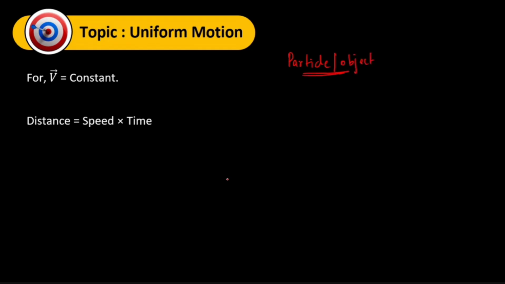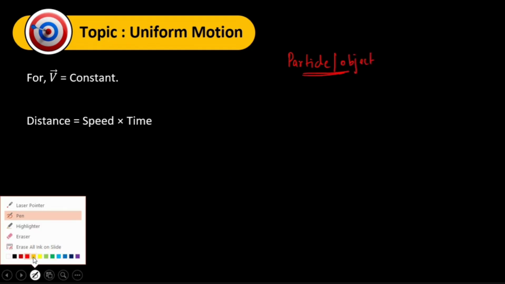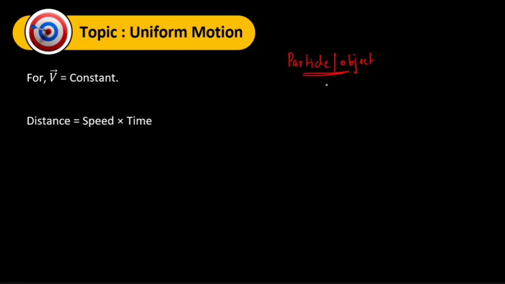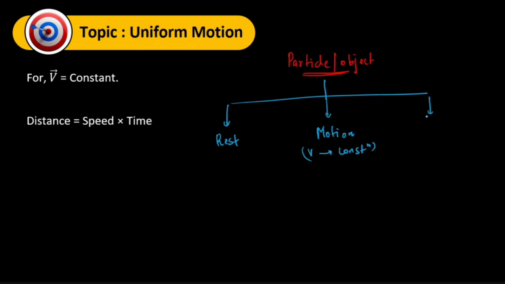What are the possible states of motion it can have? It can have three states of motion. One, it is at rest. Another, it is in uniform or constant motion, like constant velocity. Another state is the accelerated state, so v is going to be variable.